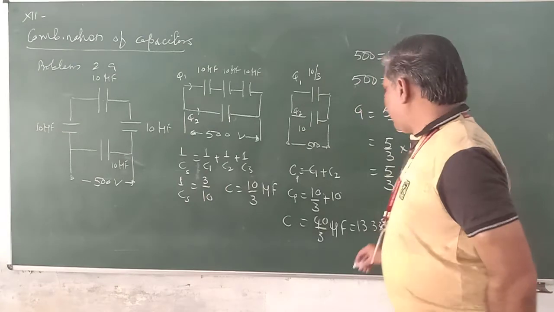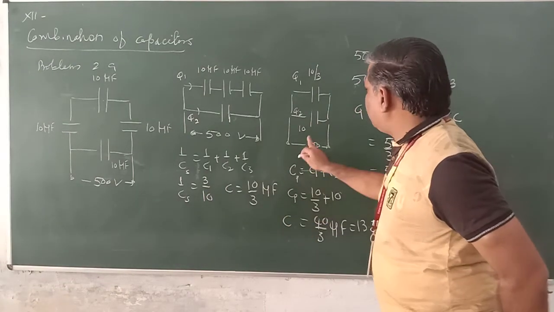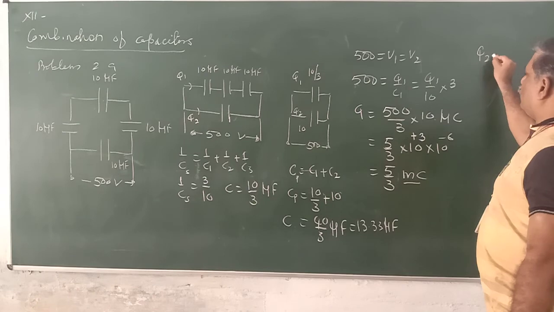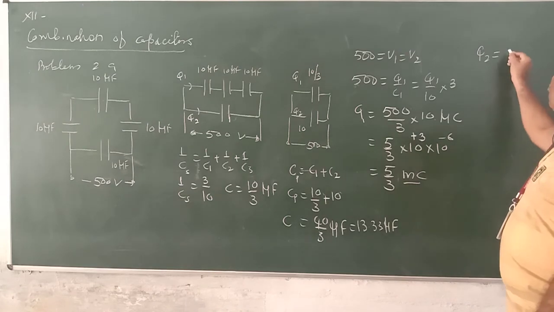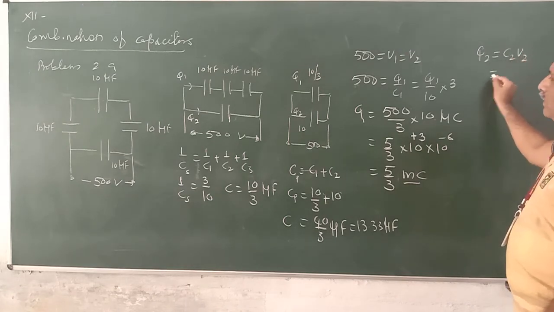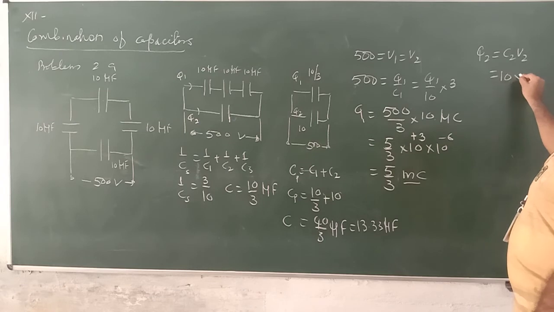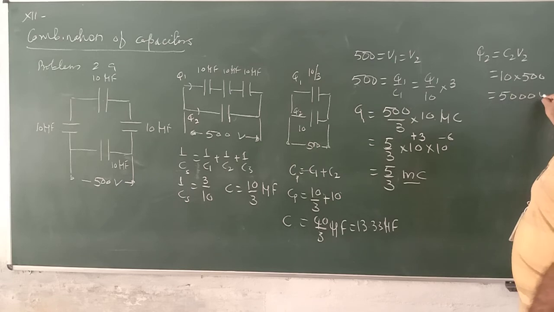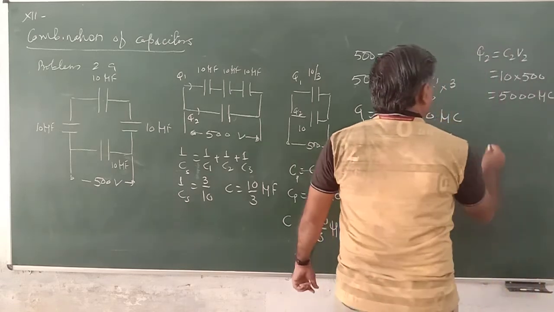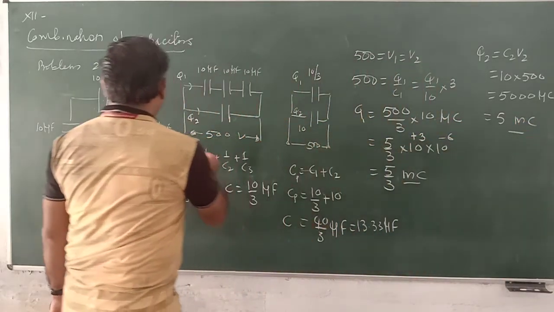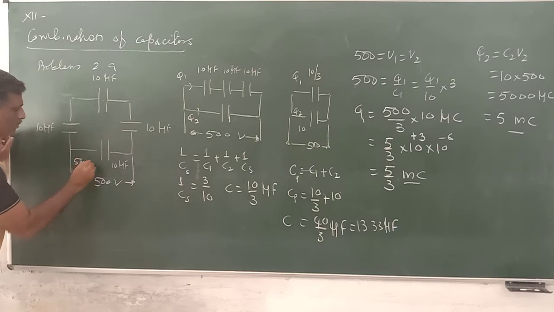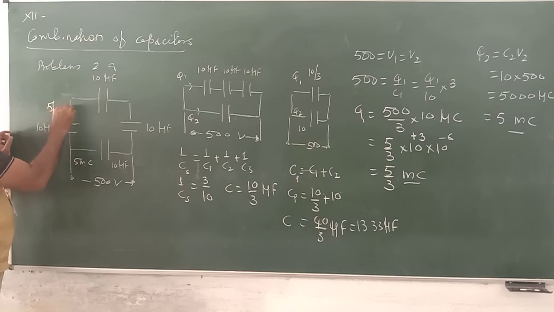In a similar way we can find the charge on this individual one. Q2 is equal to C2 V2, which is 10 into 500, equal to 5000 microcoulomb, or 5 millicoulomb. So on this one it will be 5 millicoulomb, while on this one 5 by 3 millicoulomb.